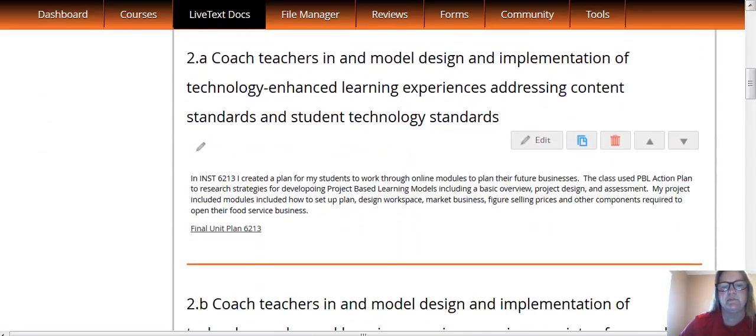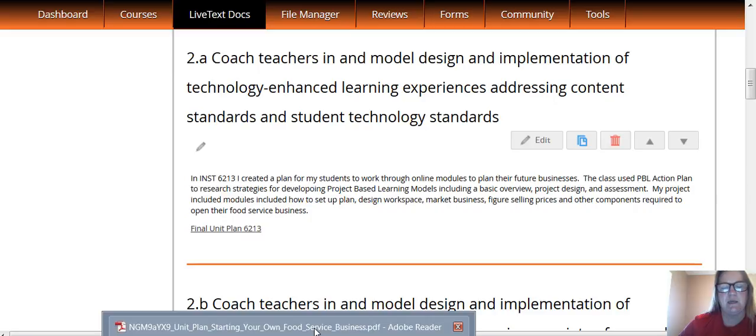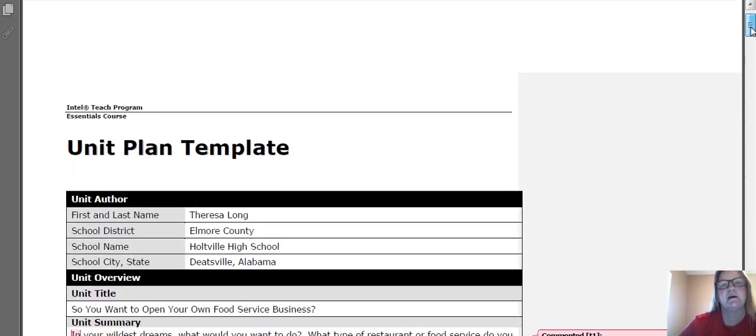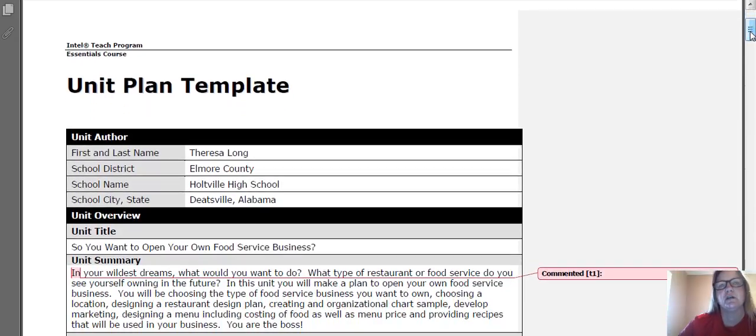In one of the first classes that I took, INST 6213, we did a unit plan that was all online. In this one, I was meeting requirements that I have for my students to create their own business.